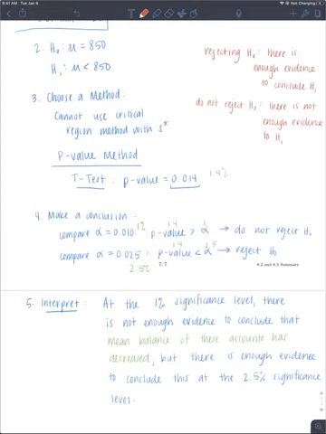The whole point of a hypothesis test is to see if this one is true. If I can say this, then I can say that my null hypothesis is false. Oh, I forgot the word conclude here. Does that make sense? Yeah. Okay.